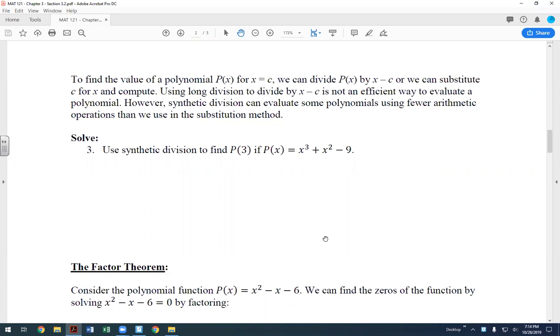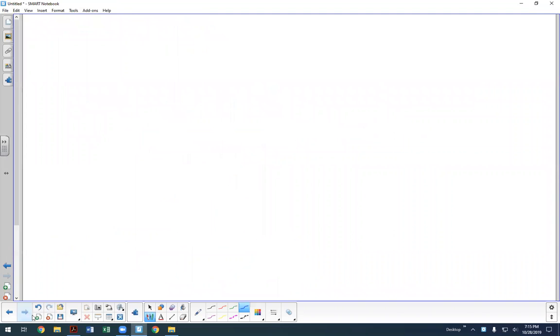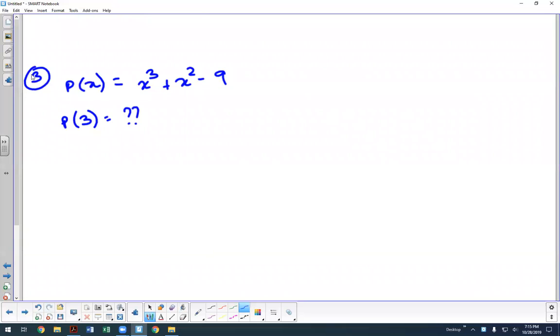Alrighty guys, so let's take a look at what we have here. So our polynomial is given to us as x to the third plus x squared minus 9. And they're asking us to find p of 3.